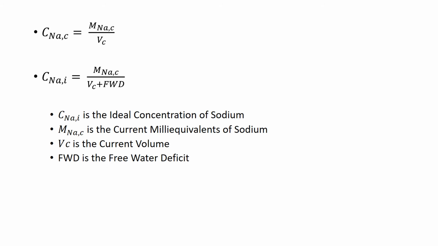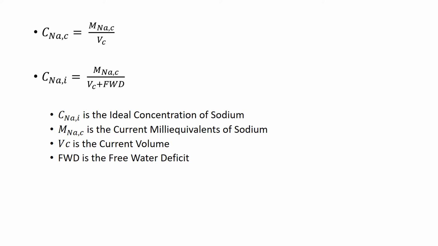So that leads us then to that same equation, that current concentration of sodium equals milliequivalents of sodium currently divided by the current volume. Now to go from a current serum sodium level to an ideal concentration of sodium, we're not going to change the actual amount of sodium.